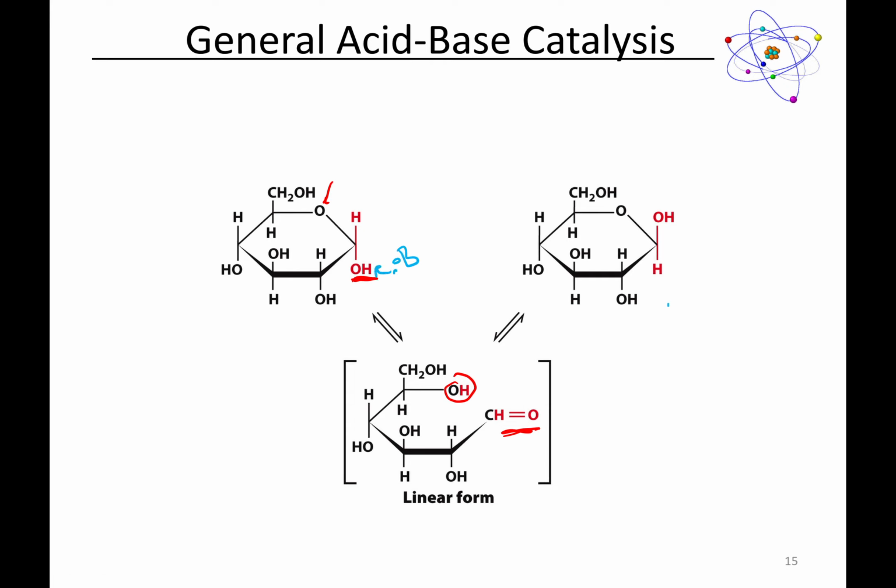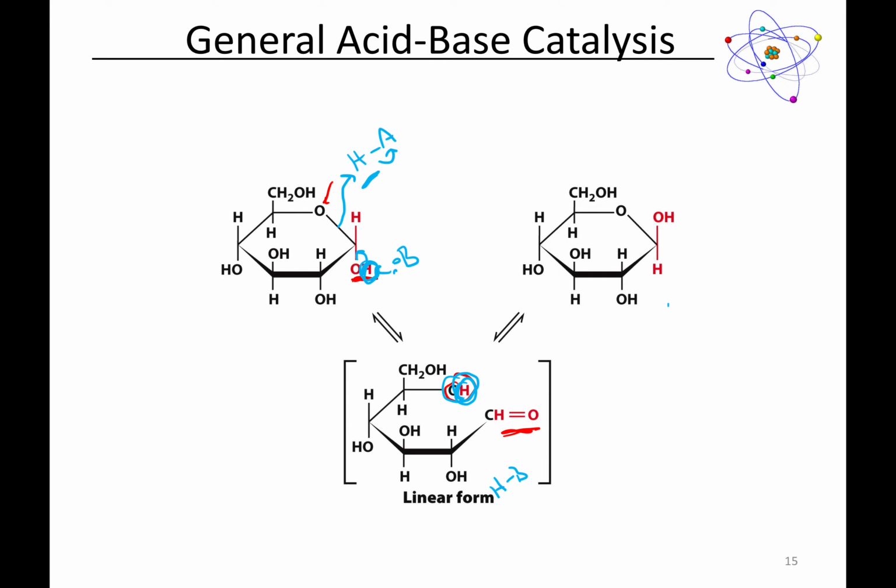It can reach out, take that proton, electrons from this bond move up to make the double bond. We have a general acid positioned that can provide a proton so that we end up with our OH here. This hydrogen goes right here, and this hydrogen ends up as part of the base.